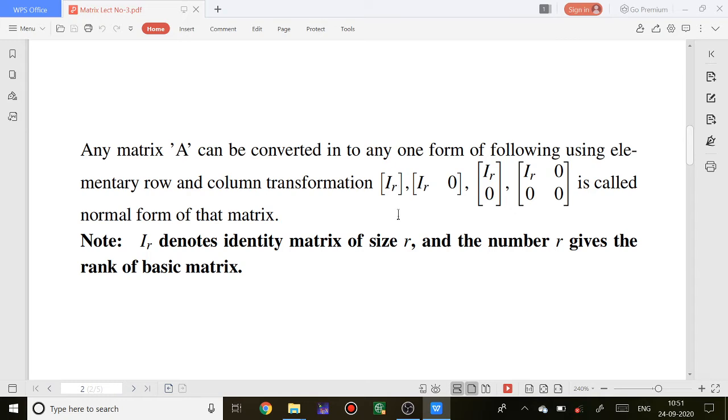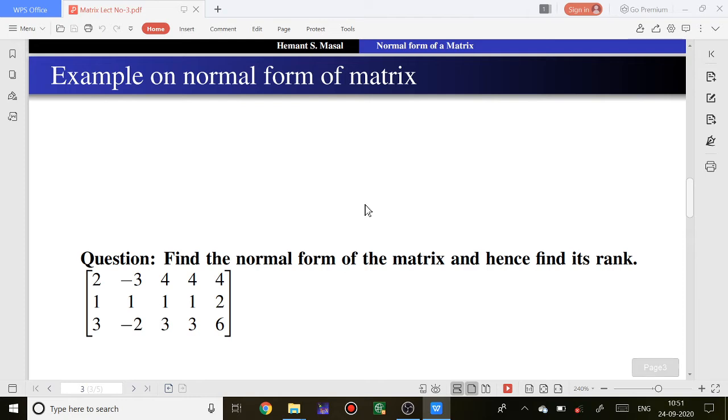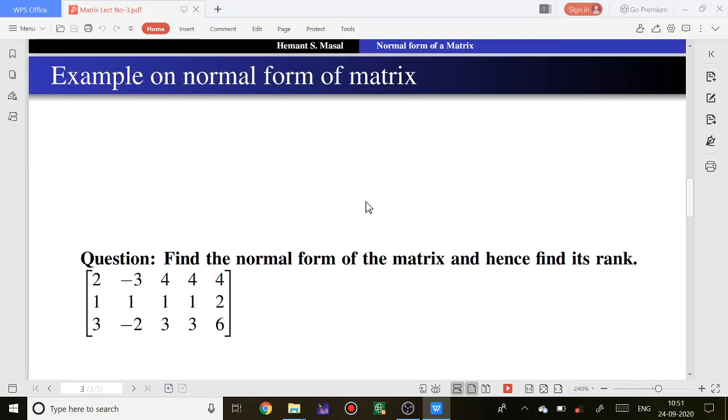In simple language, we are looking at the number of linearly independent rows or linearly independent columns in the matrix. And this investigation goes along with simultaneous row and column transformations. So with this brief introduction to the normal form of the matrix, we will start with a simple example.